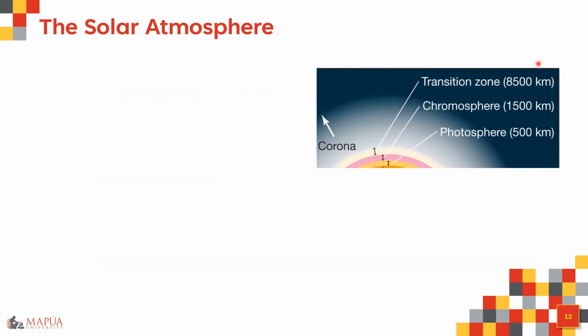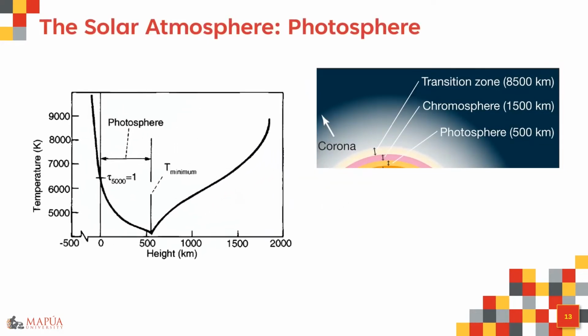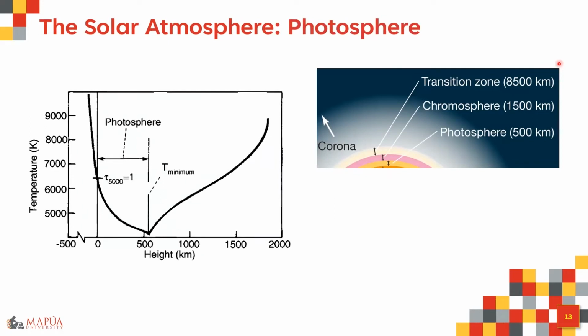So let's start with the photosphere. When we talk about the photosphere, let's look at the region that is closest to the surface of the sun. If 0 is the surface of the sun, this is the height from the surface of the sun.